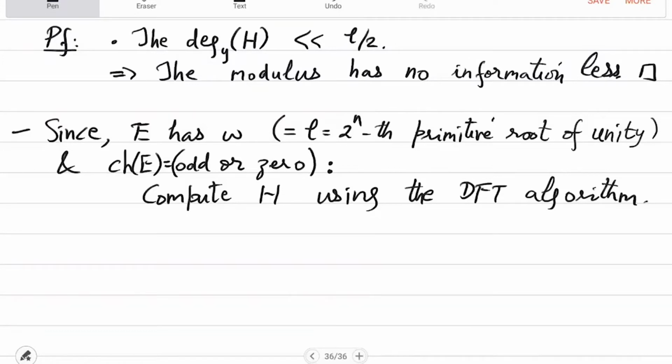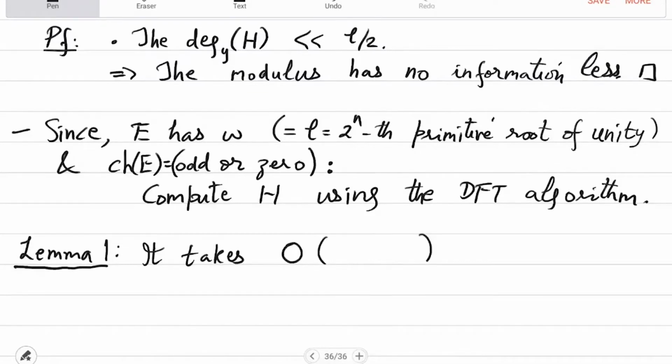So that will immediately give you the complexity. Let's call it a lemma. The time taken is how many E operations? Let us first talk in terms of E operations because it is easier. You can directly invoke the previous theorem.